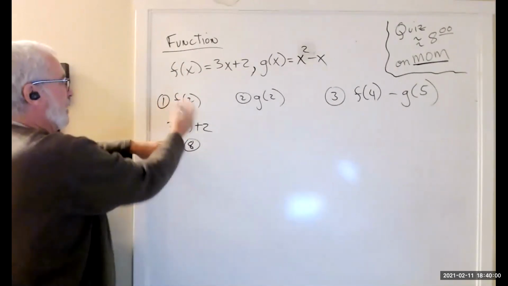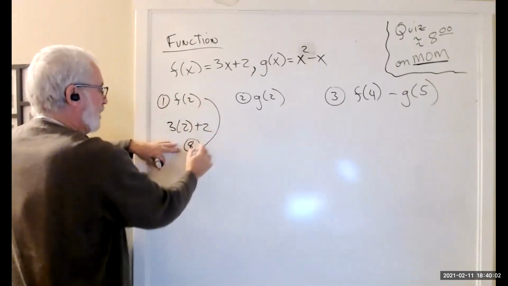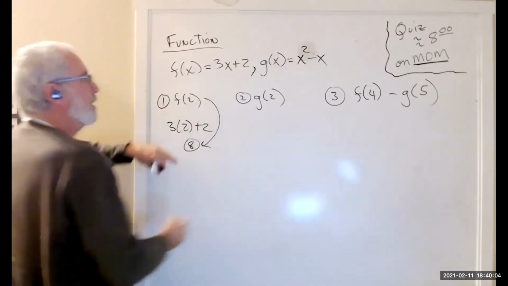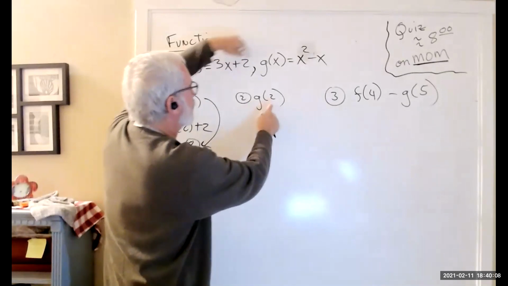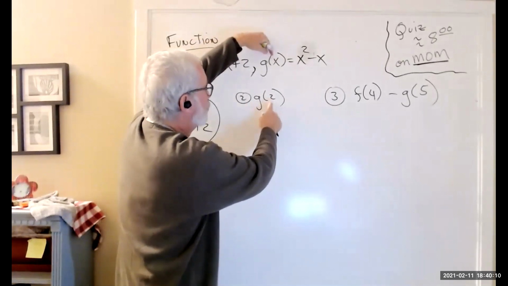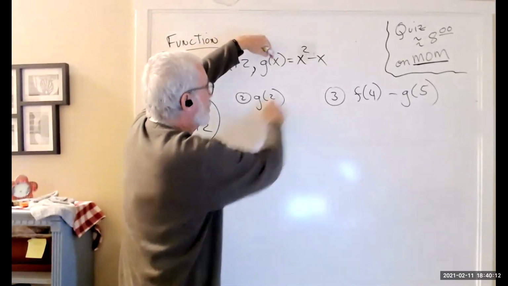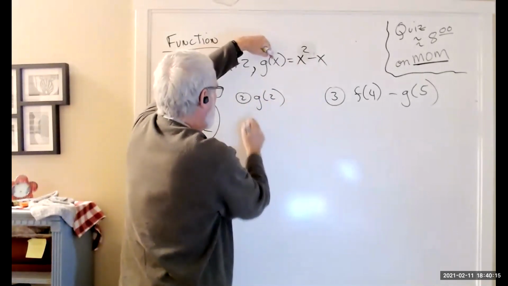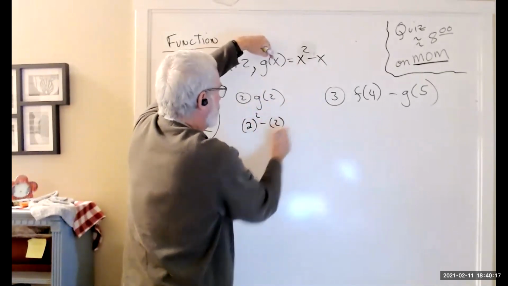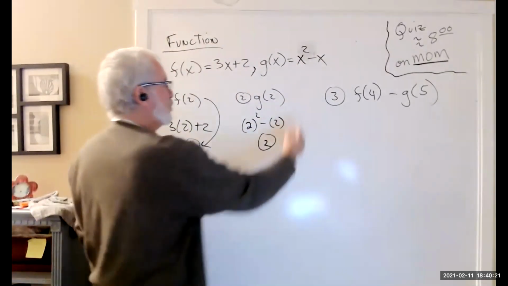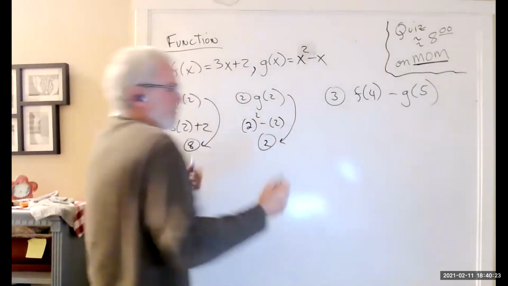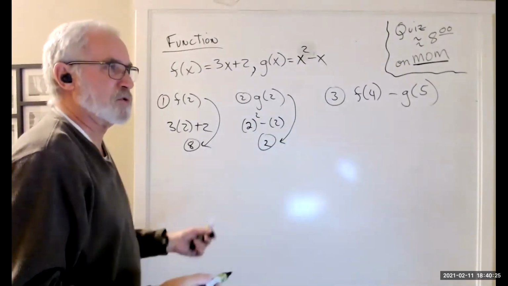That's just the answer. F of 2 is worth 8, and that's all you needed to write. G of 2 is literally saying in the g function, plug 2 in place of x. So we say this is 2 squared minus 2. A little arithmetic turns out to be 2. So g of 2 stayed 2 for some strange reason.